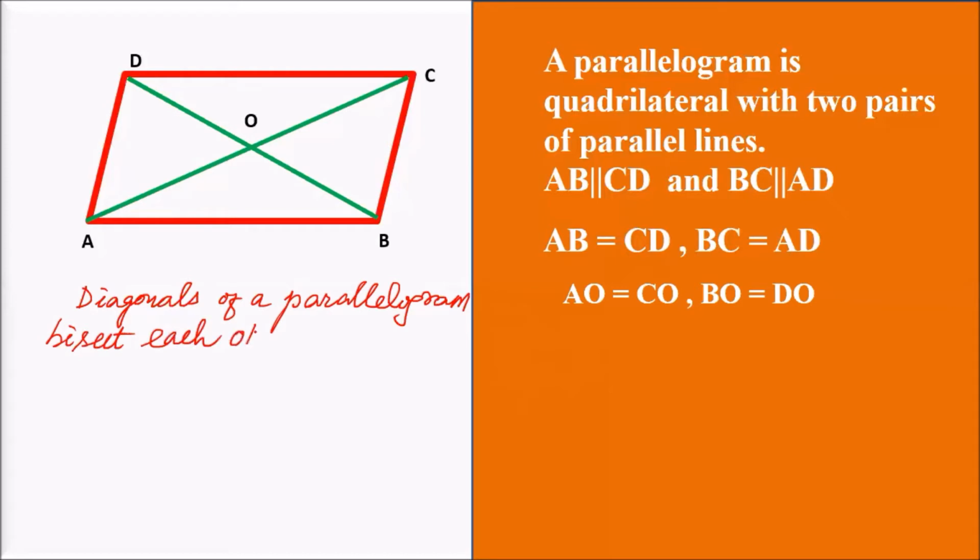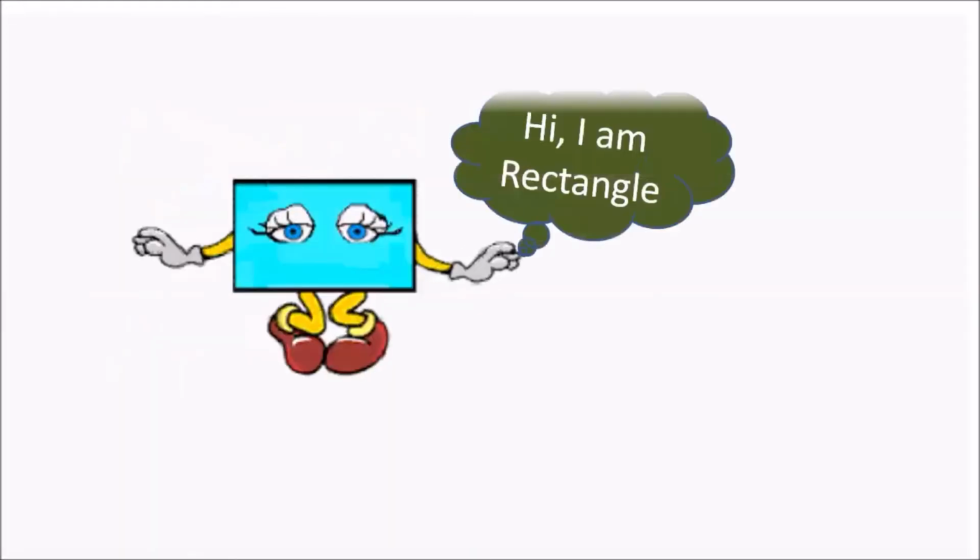What does it mean? If we measure AO with a scale, this is the same as OC. AO is equal to OC. Similarly, if we measure DO and BO, they will also be equal. BO is equal to OD. That means at the point of intersection, they divide each other into two equal parts.